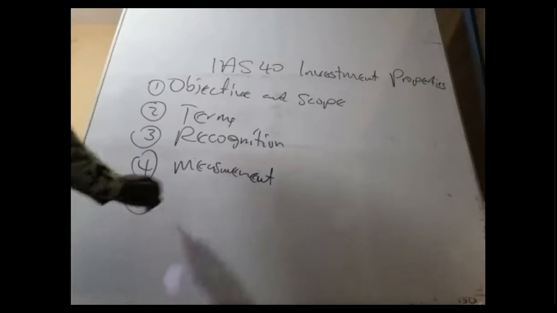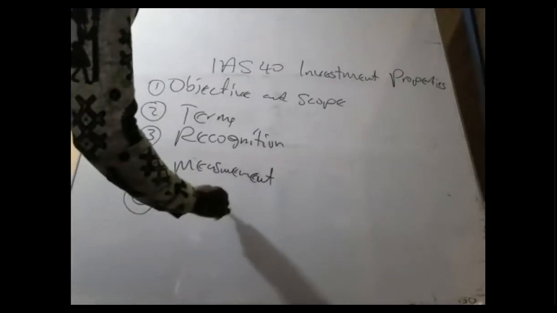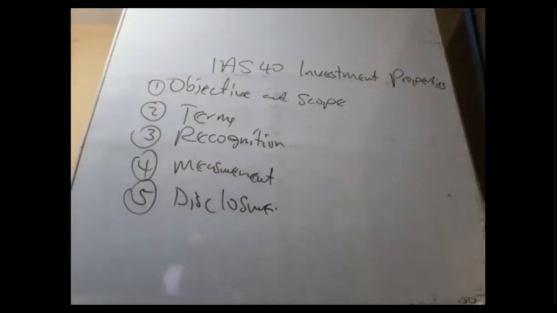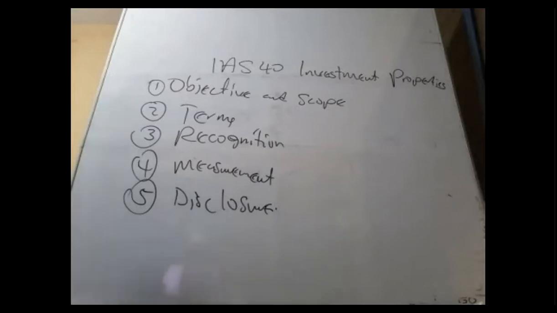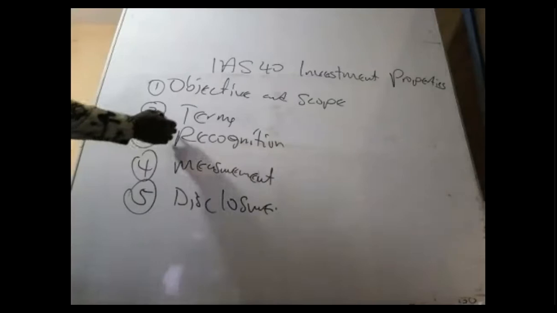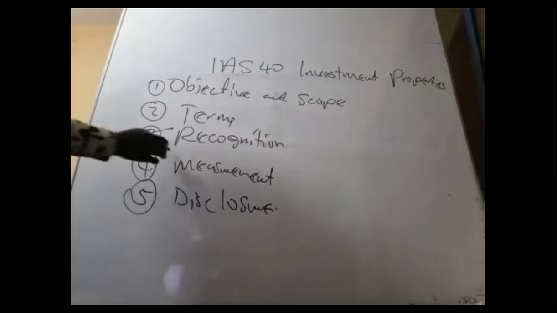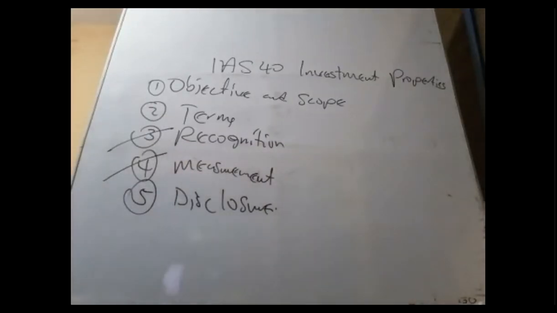Number five is the disclosure requirements. So these are the basic items that we should know about each of the standards. Every standard that you pick, outside the most important ones, the recognition and measurement, sometimes the terms stated in there.